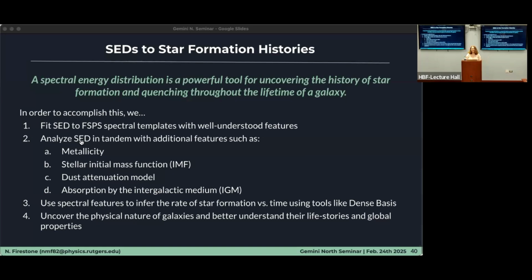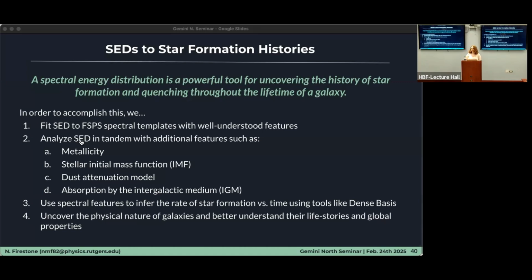In more detail, in order to accomplish this, we first fit our SEDs to spectral templates from flexible stellar population synthesis models. And these templates have well understood features associated with them. We then analyze that SED in tandem with additional features such as metallicity, IMF, dust attenuation, and absorption from the IGM.